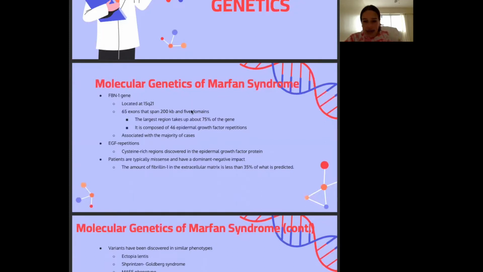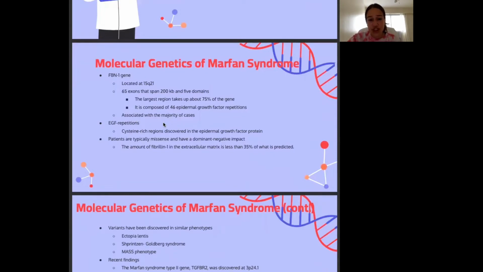These exons span 200 kilobases as well as 5 domains. The largest region takes up about 75% of the gene, and it is composed of 46 epidermal growth factor repetitions. The majority of the Marfan syndrome cases are associated with this mutation.